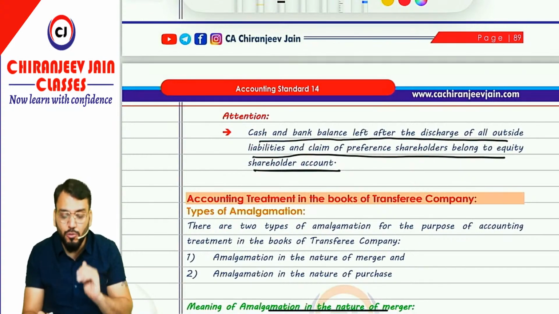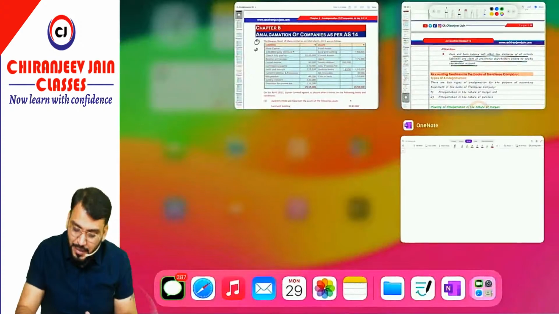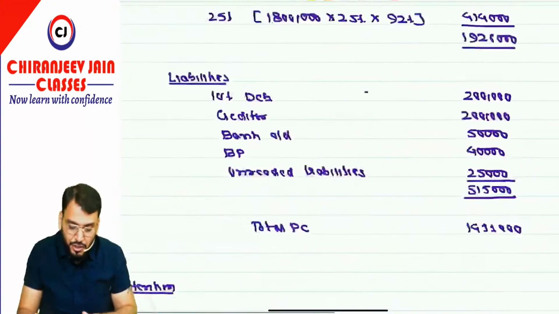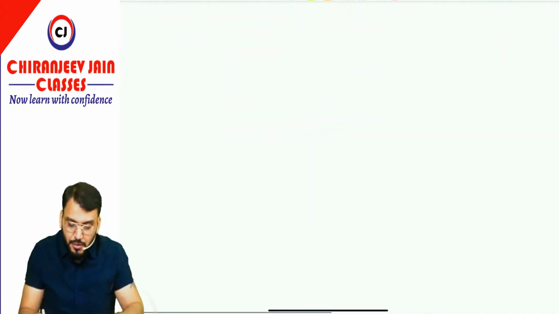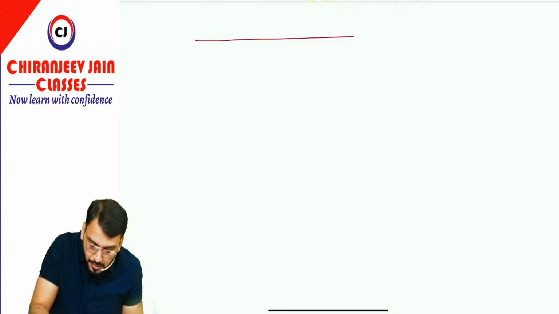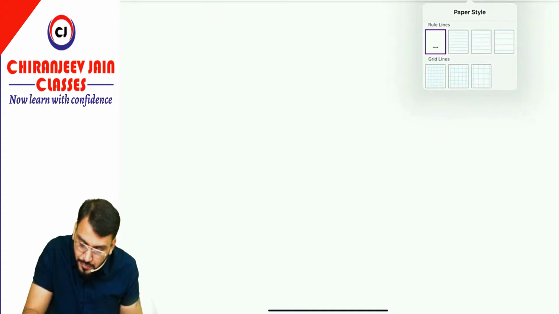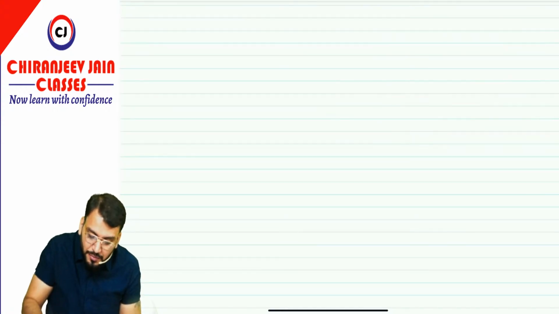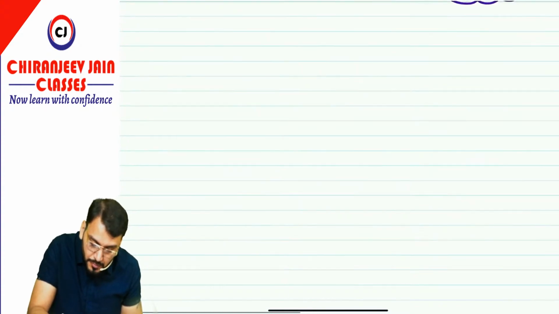Now let me take one question to explain this. But before that, I'll just give you a format. Whenever you are preparing a realization account, because normally in the exam they will ask you this, I am just writing.